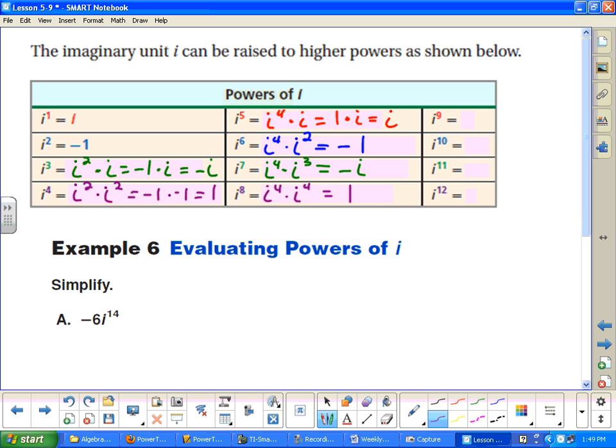All right, so let's go on. i to the 9th. How could I break up i to the 9th? 8 and 1. Well, i to the 8th is 1. i to the 1st is i. Well, what's 1 times i? i. How about i to the 10th?